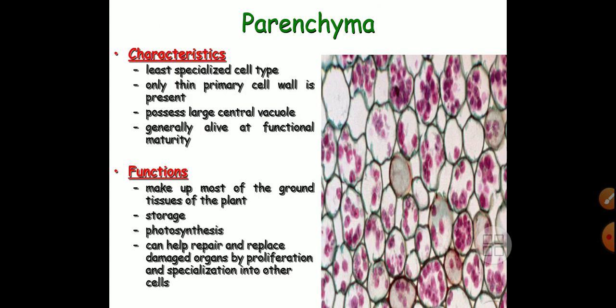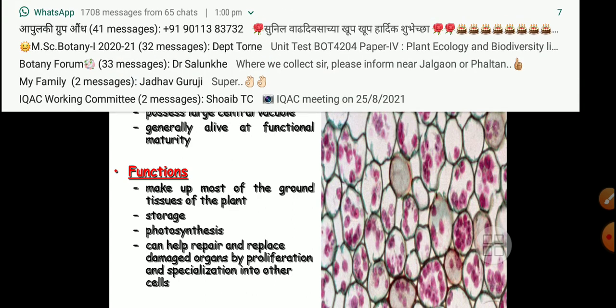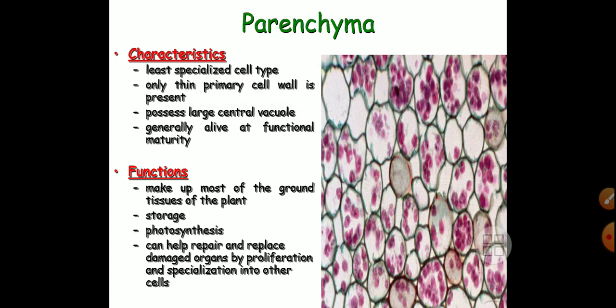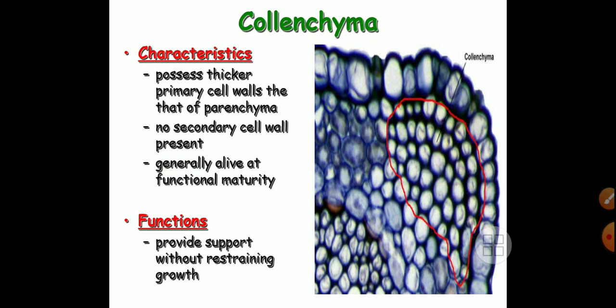Now parenchyma. Characteristics of the parenchyma: it has specialized cell types, and the structure you will be able to see in case of this parenchyma. Only a thin primary cell wall is present.